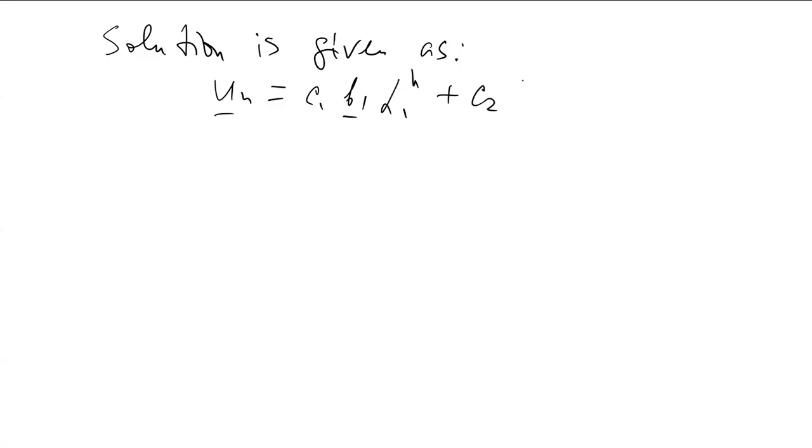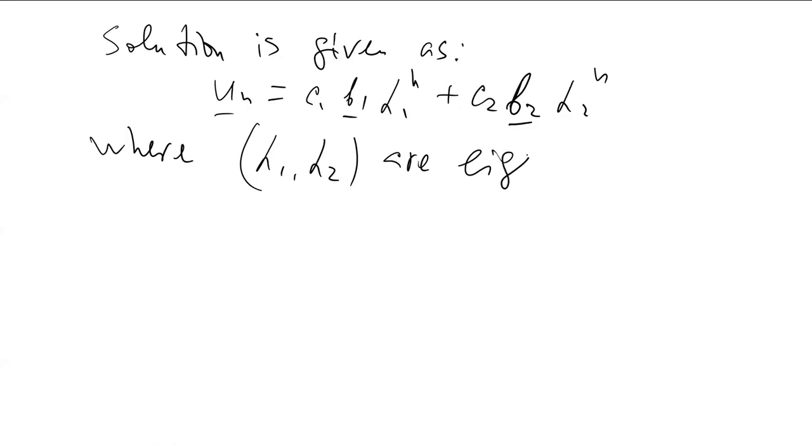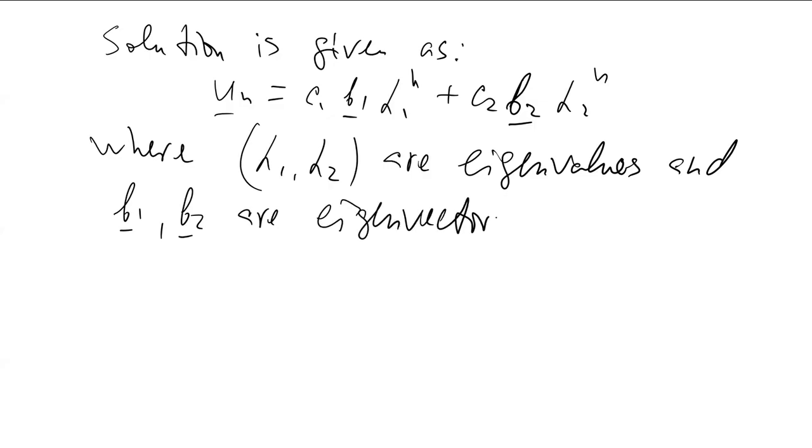The solution is given as u_n equals c1 b1 lambda 1 to the power of n plus c2 b2 lambda 2 to the power of n, where lambda 1, lambda 2 are eigenvalues, and b1 and b2 are eigenvectors of matrix A, and c1, c2 are arbitrary constants, arbitrary numbers.